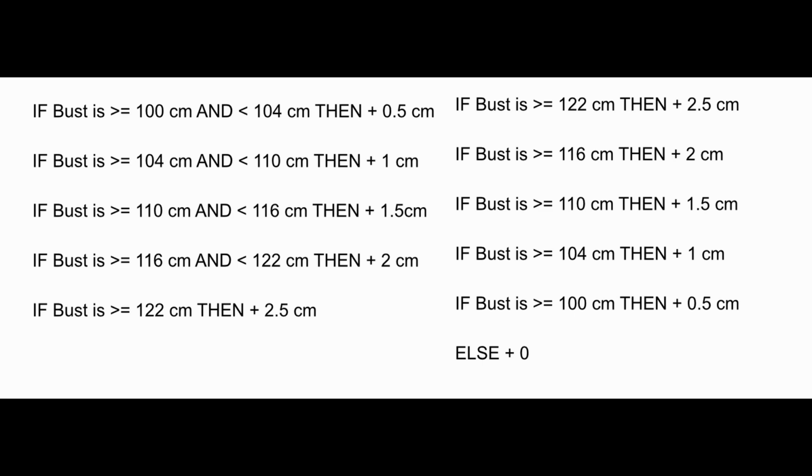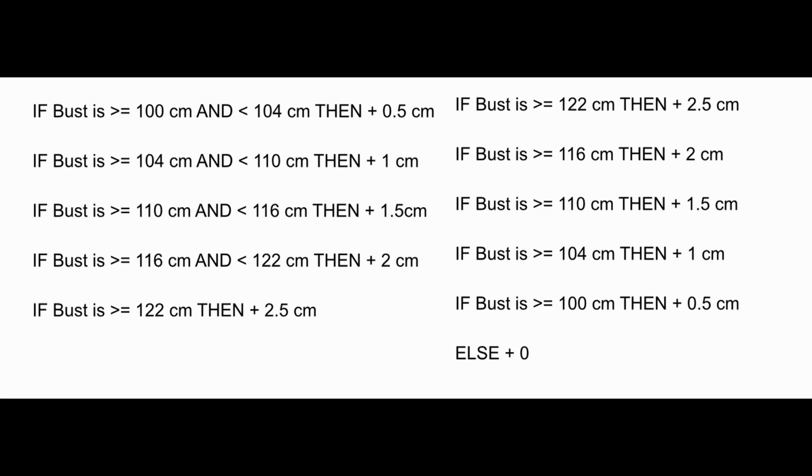So if the bust is greater than or equal to 122 centimeters, which is the size 24, then we're going to add 2.5. If it's greater than or equal to 116, size 22, we're going to add 2. And on down the line. And then obviously at the end, if it is greater than or equal to 100, which is the 16, it's a half. Otherwise, it's 0, which insinuates it's less than 100.